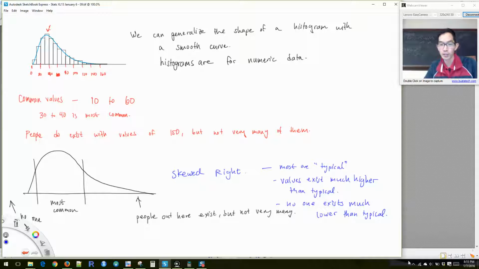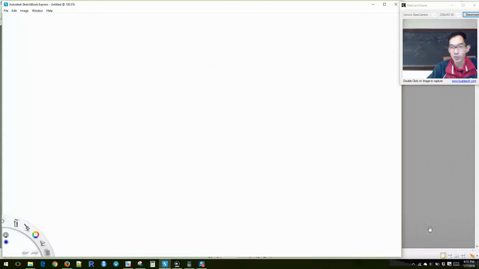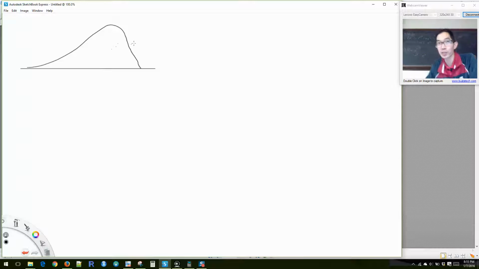All right, so we have these other shapes for distributions. Just keep in mind that when I draw a curve here, we're just summarizing a histogram, which represents a numeric variable underneath. So this would be skewed left.